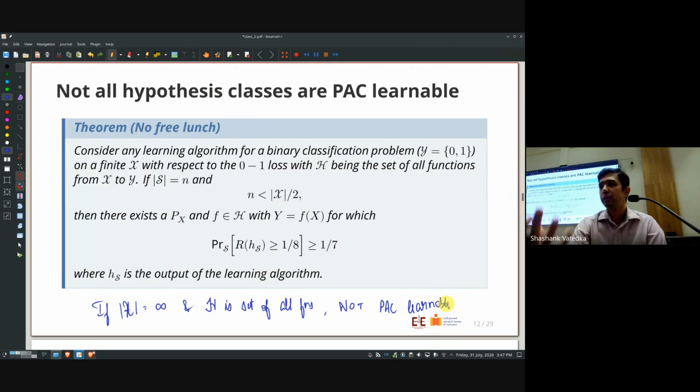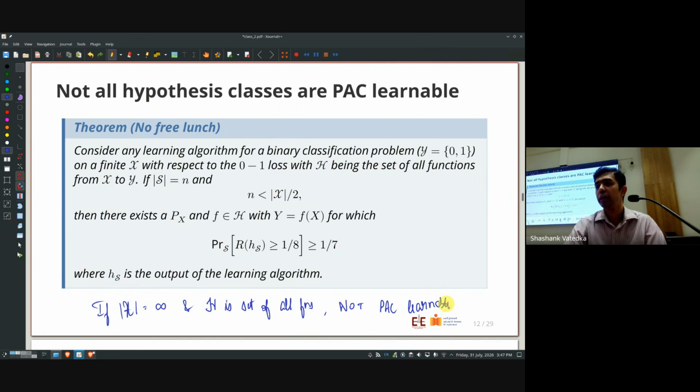So then what is it about the hypothesis class that determines whether it is PAC learnable or not? Because in the end, as I said, there are two problems. One is how do you choose the hypothesis class? And given a hypothesis class, how do you choose the learning algorithm? If your hypothesis class is not PAC learnable, then essentially no learning algorithm can do it.